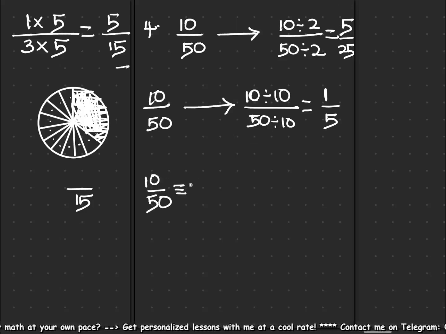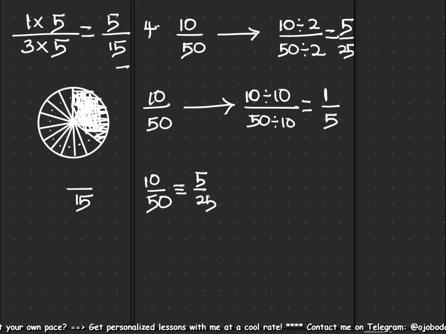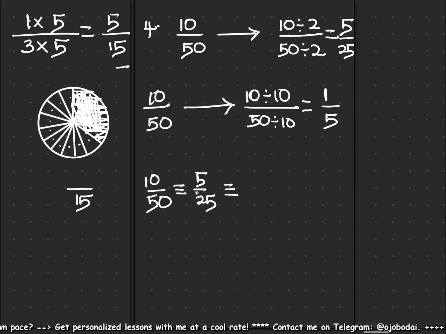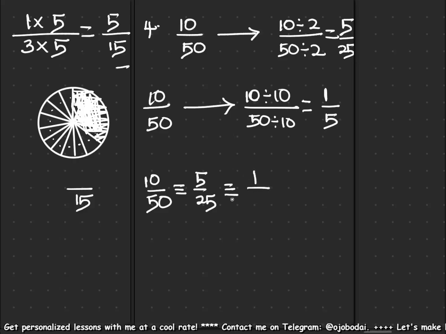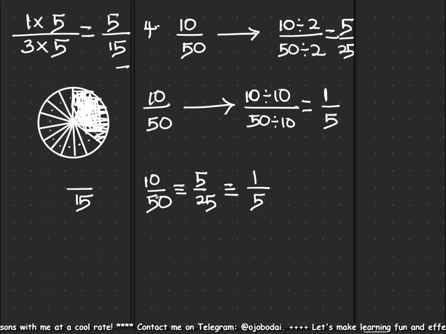So 10 over 50 is equivalent to 5 over 25. This same 5 over 25 is equivalent to, if you want to divide by 5, we are going to get what? 5 divides itself once, and it divides 25 how many times? 5 times. You see how they link? So 10 over 50 is equivalent to 1 over 5 as well, and then it's also equivalent to what? 5 over 25. I hope that makes sense.